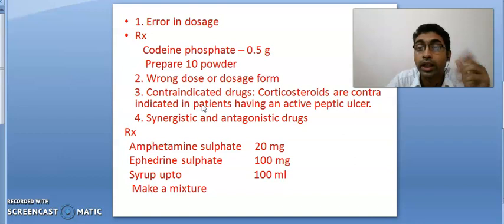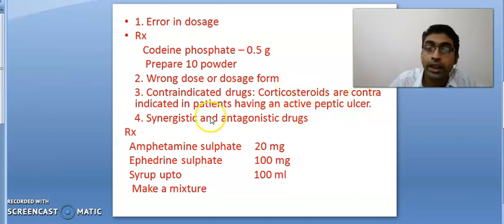Those are contraindicated in patients having allergy to them. Likewise, corticosteroids are contraindicated in patients having active peptic ulcer disease. So, these corticosteroids should not be dispensed to patients with peptic ulcer. Otherwise, it will lead to severe gastric irritation. It is a therapeutic incompatibility. Likewise, penicillin and sulfa group of drugs should not be administered to patients having allergy to those drugs.